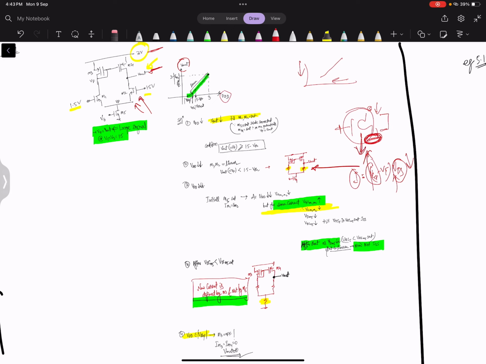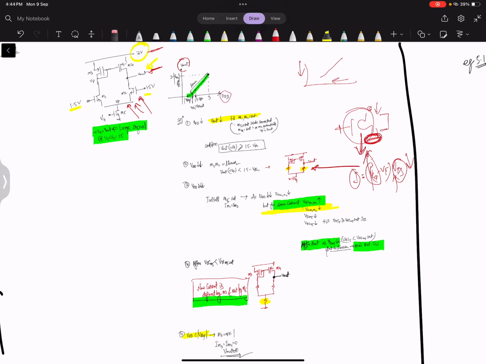Now since the source voltage will go down, this M5 will go into the linear region. Till M5 goes into the linear region, the characteristics will be defined by this figure, when M1 and M2 are in the linear region.